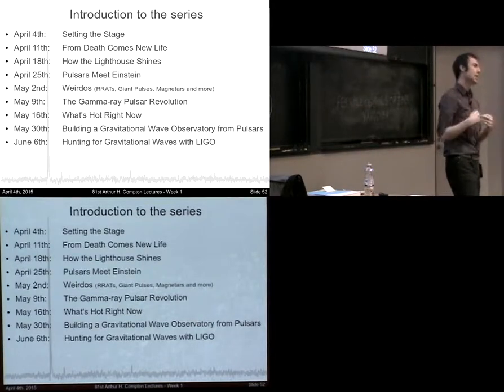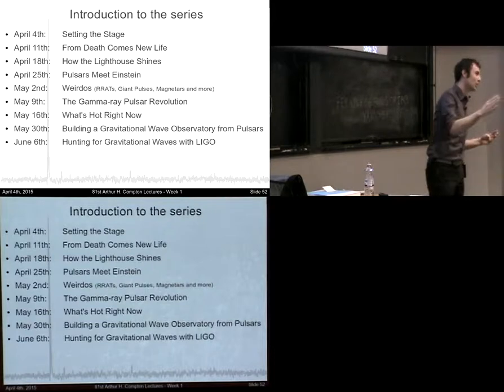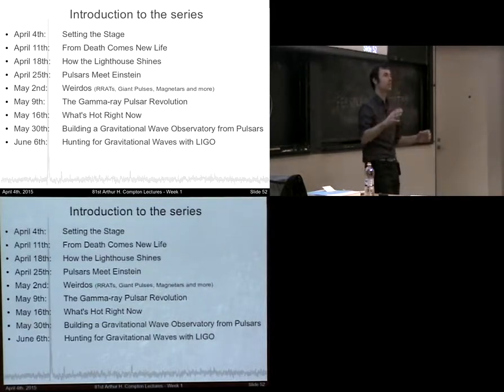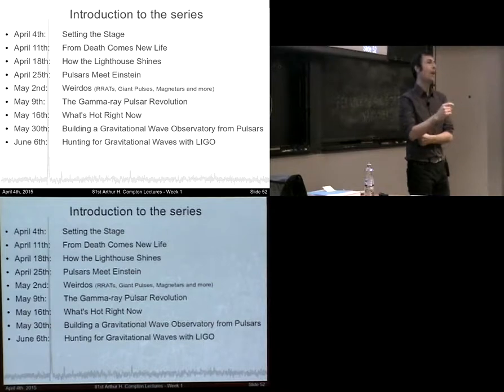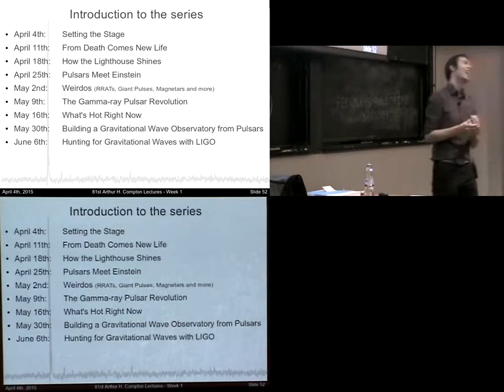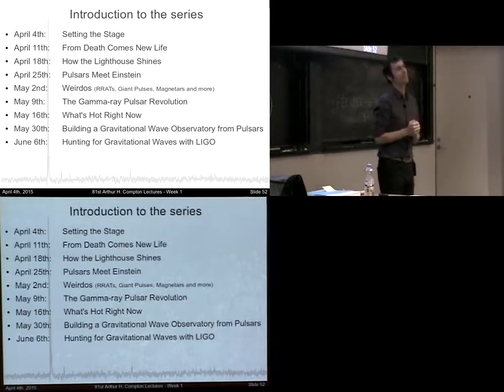That rotational energy powers the emission, and those are called rotation-powered pulsars. There are also accretion-powered pulsars, which are powered by the accretion onto them of matter from a companion. And then there is a third, which will be in the weirdo section, called magnetars, and they're powered in a different way.